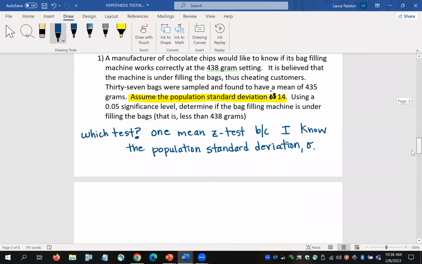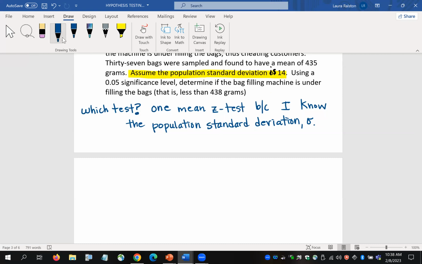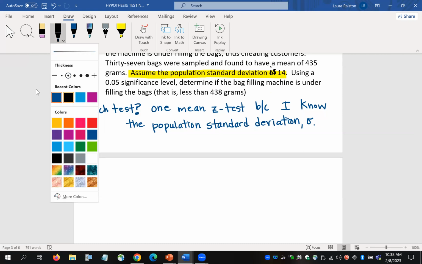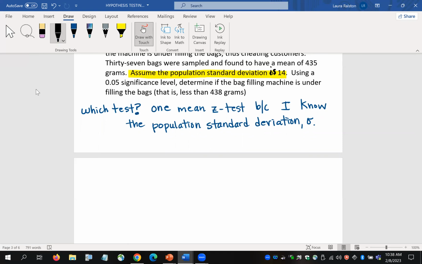Before I go back and identify that information, the second piece is to state the hypotheses. If you're doing it by hand, as I'm doing it here, typically you'll see your hypotheses written with H sub O, which is the null, usually written on the top, and the alternative, H sub A, on the bottom.